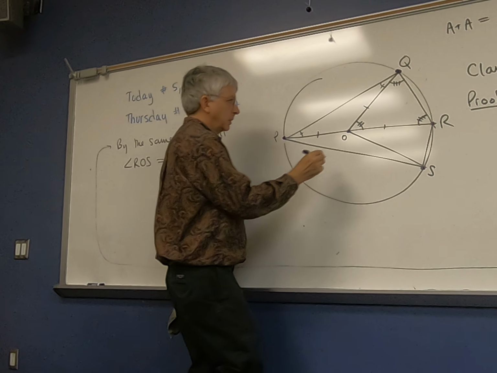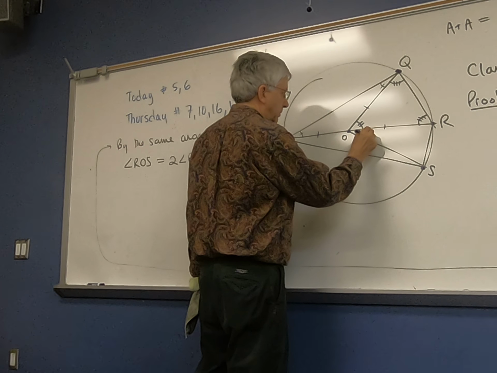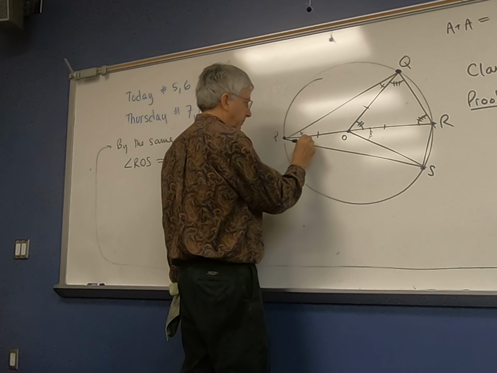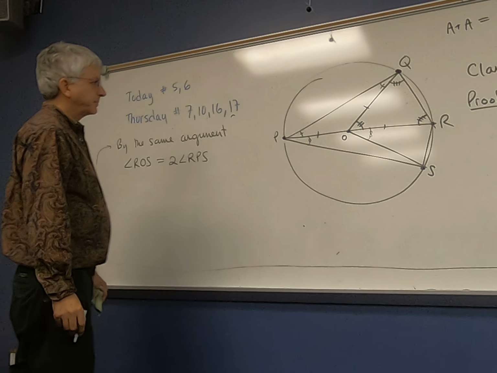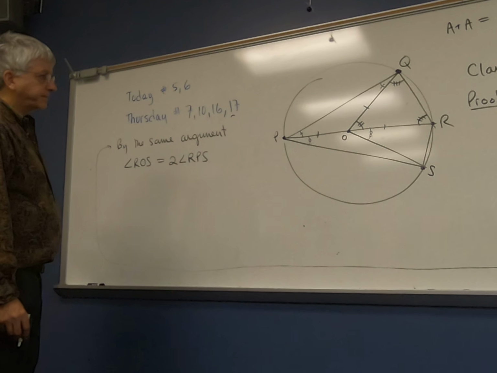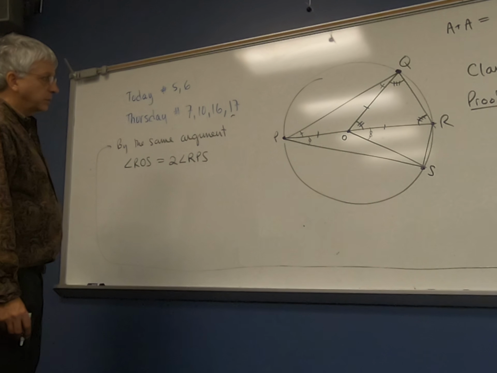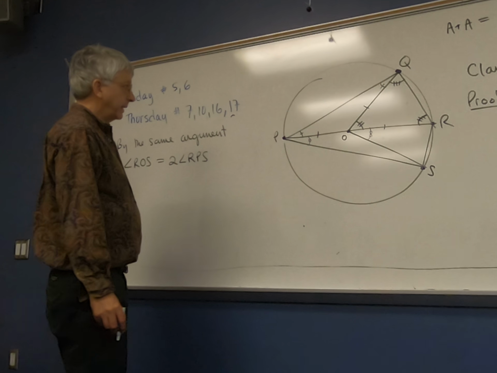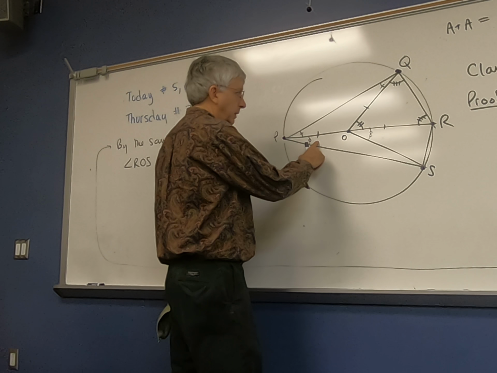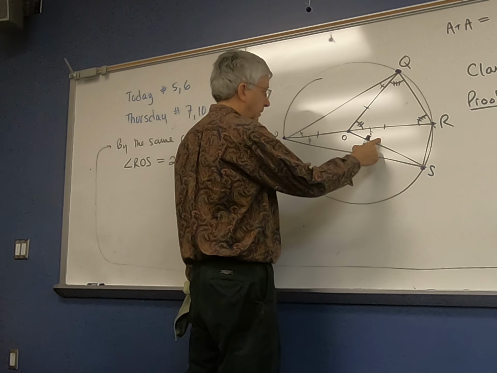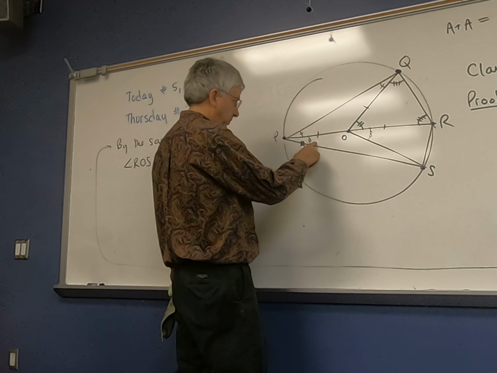So this angle is going to be twice this angle. Yeah, it's good. It's just going to be the same argument. And so what does that tell me? Well, that tells me that the sum of these angles is half the sum of these angles, or this central angle is twice this circular angle.